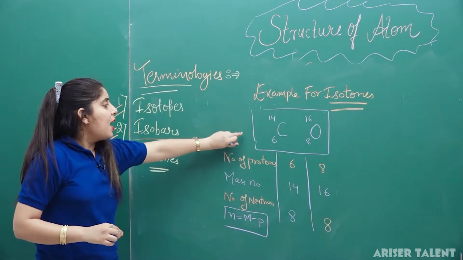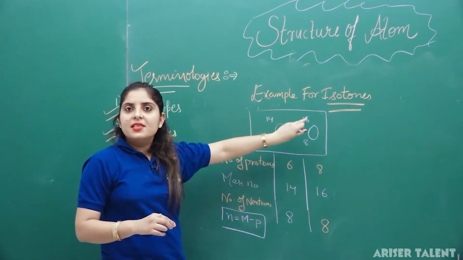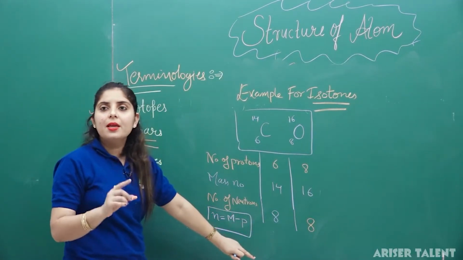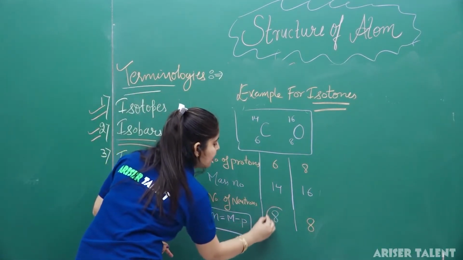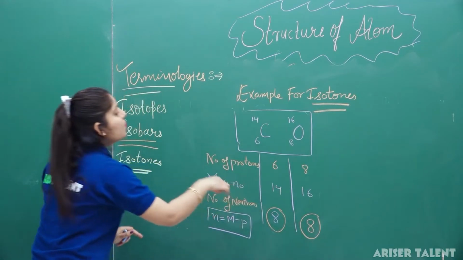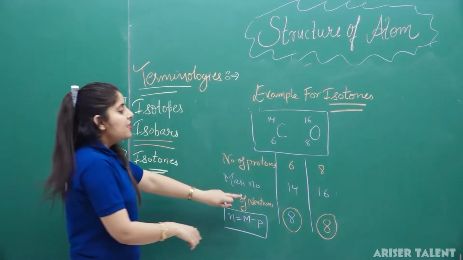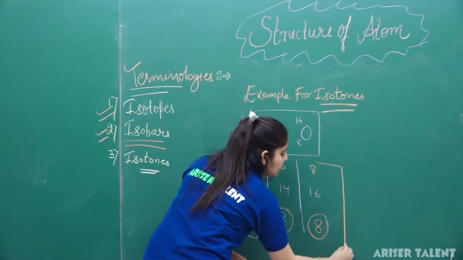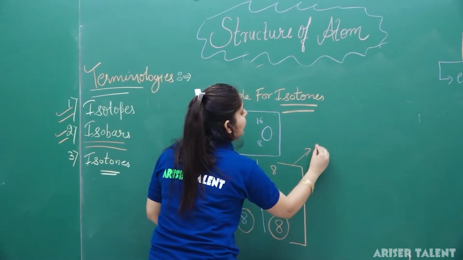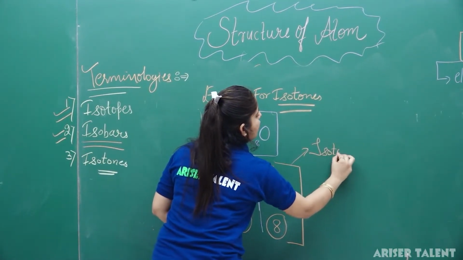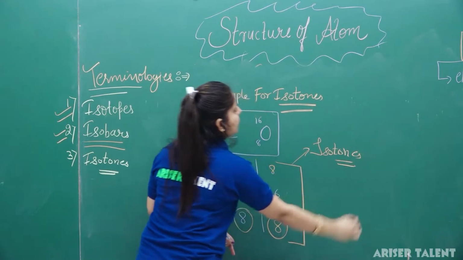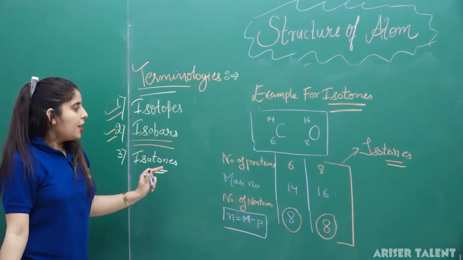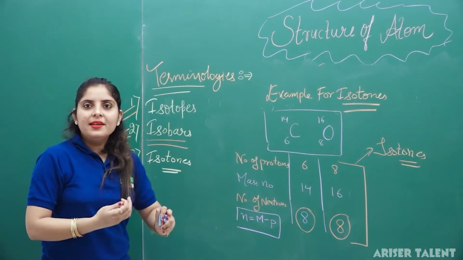So carbon 14 and oxygen 16 have the same number of neutrons, that is 8 and 8. So these are considered isotonic species, or we may say that these are isotones. I hope isotones have been clear to you.